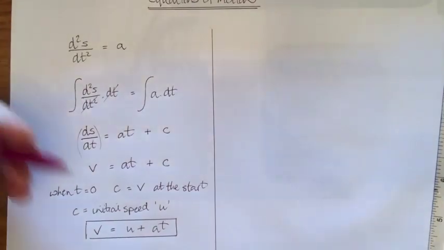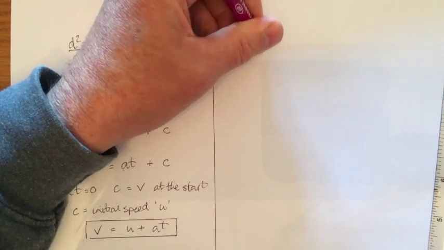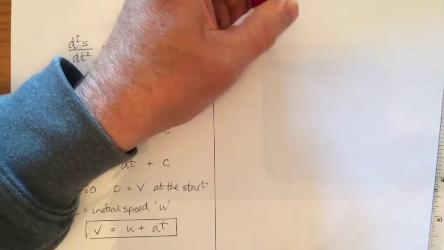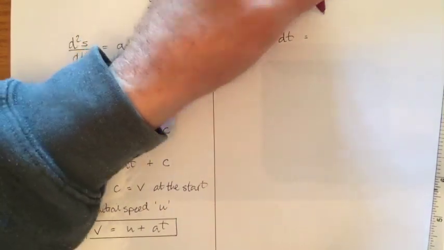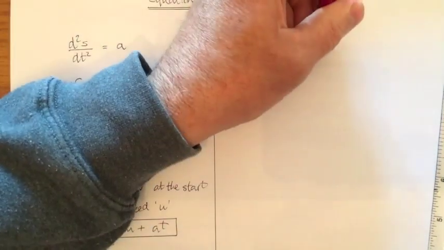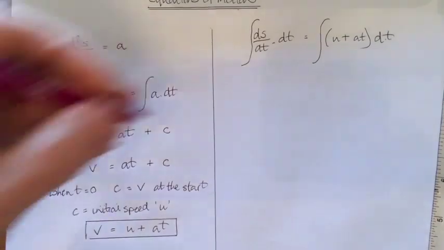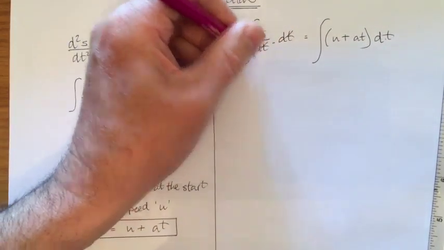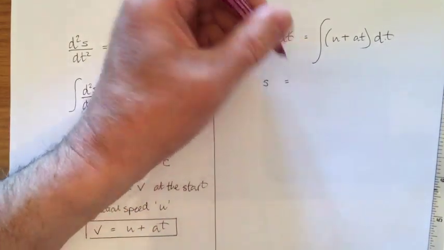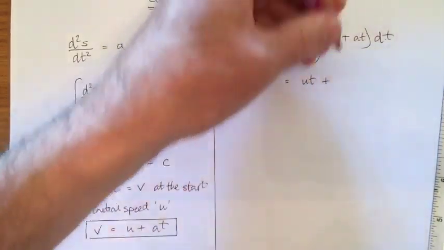if we now integrate this relationship, velocity, which remember velocity is ds by dt, it's the rate of change of displacement. If we integrate that with respect to time, that's going to be equal to the integral of u plus at with respect to time. That cancels with that, and we end up with s, or the change in displacement from one point to another, is equal to, perform the integration, ut plus t times t is t squared.